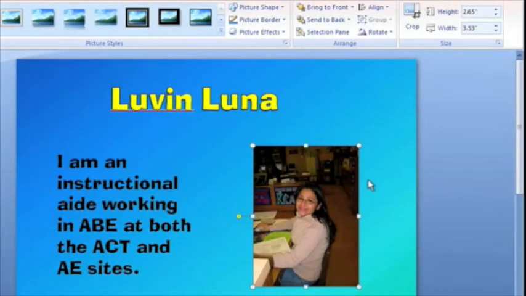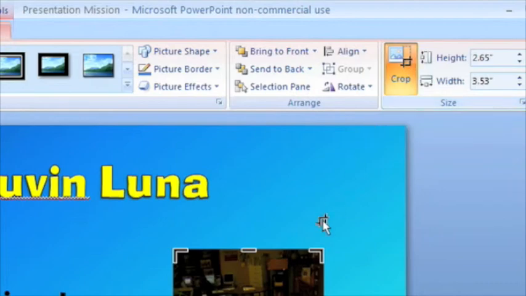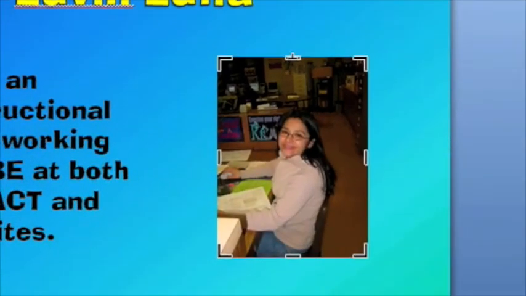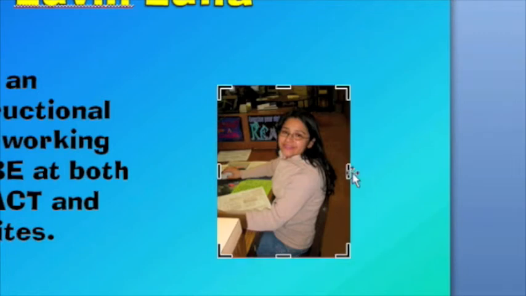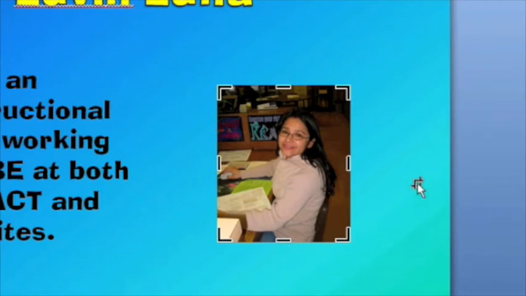Now I can see a lot of the classroom there. I may want to crop it. If I crop it, I'm going to grab a handle and bring it down a little bit here. Maybe bring the sides in just a little bit, and maybe bring it up just a little bit. There we go.